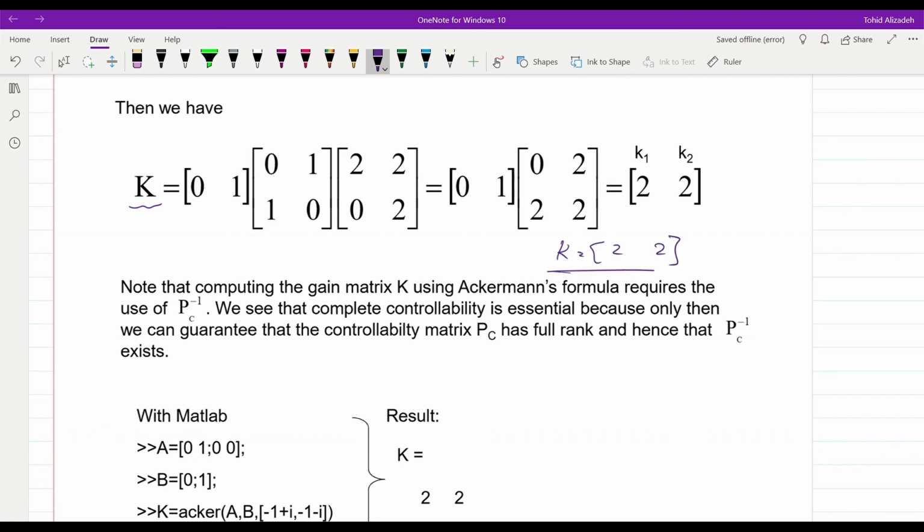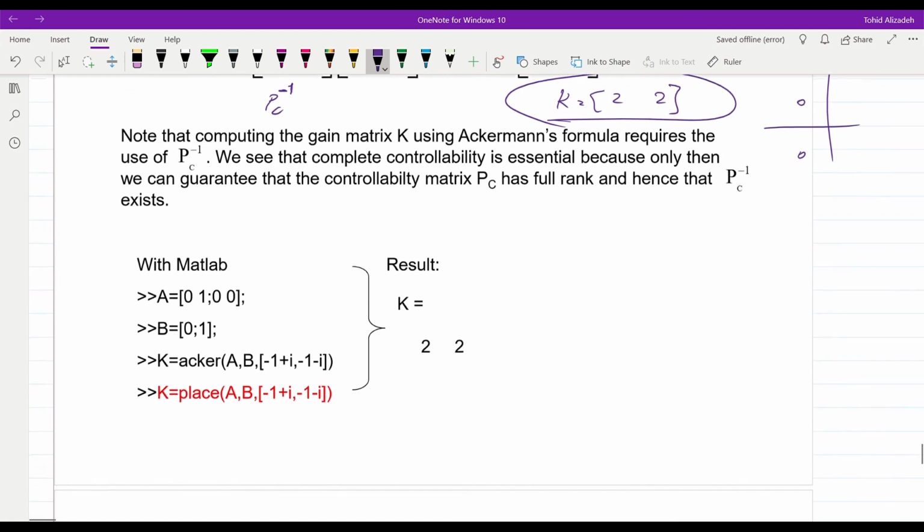So with these values for K, we will place the closed loop poles of the system at minus 1 plus minus j. Note that in finding the state gain using the Ackermann formula, we are referring to the controllability matrix inverse, so the controllability matrix should be invertible. In other terms, it should be full rank. If it's not the case, we will not be able to find the values.